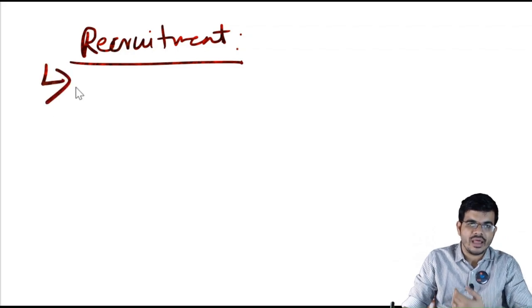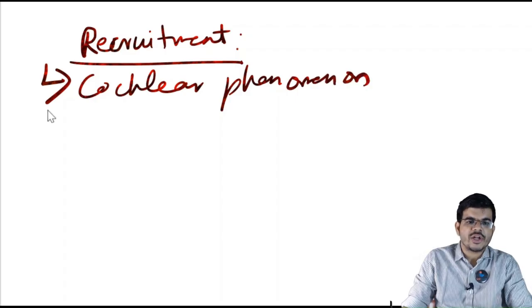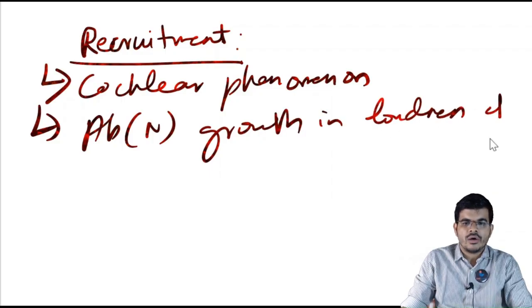That's why it got that name. It is a cochlear phenomenon. That is the first thing that you have to know. This recruitment takes place as an abnormal growth in loudness. The abnormal growth in loudness of sound is what is called recruitment.